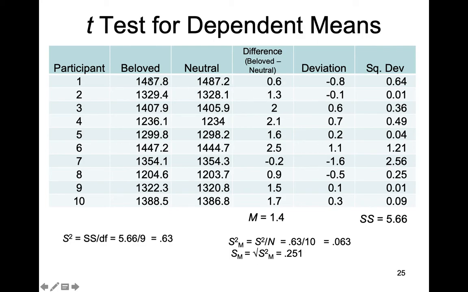Okay, and this is done to reflect the difference between what happens when you see one's beloved. So in this way, the difference is captured so that we can interpret the numbers as reflecting a change towards seeing a picture of their beloved from neutral.